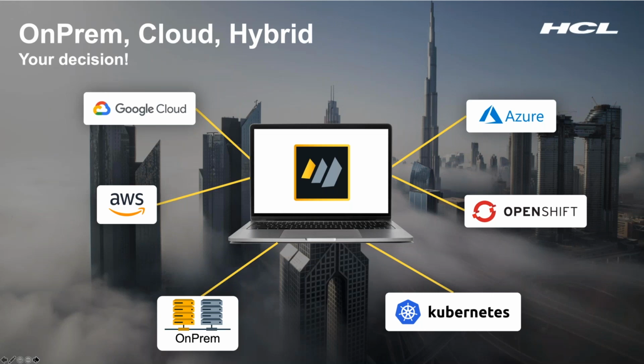From the deployment and infrastructure point of view, did you realize that Domino actually runs on every single cloud out there? In fact, Domino is completely cloud agnostic or platform agnostic. Domino runs on Google Cloud, on AWS, on Azure, on OpenShift, on Kubernetes, on-prem, hybrid. It's completely your decision.